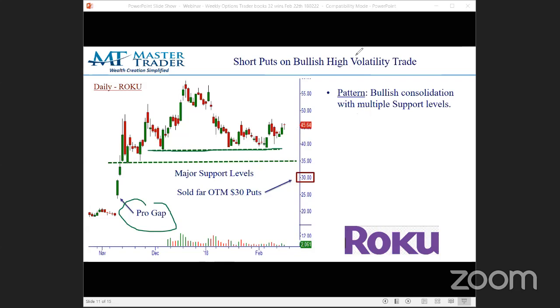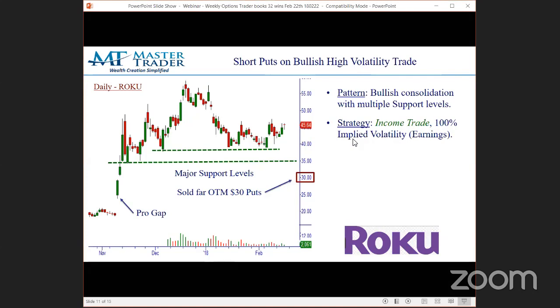So we sold this, and we very selectively hold short options over earnings. It has to be a compelling pattern like this, or it has to be something that we don't mind taking assignment on at the improved cost basis.